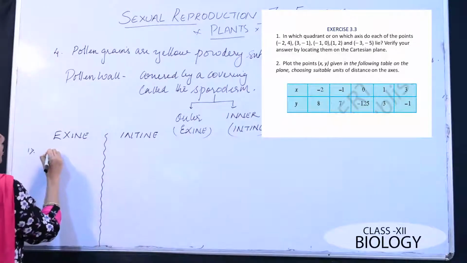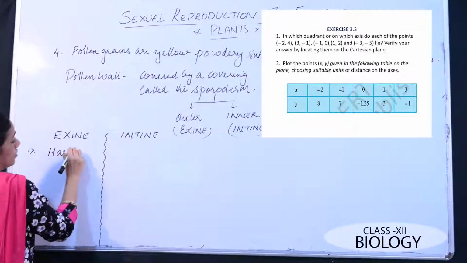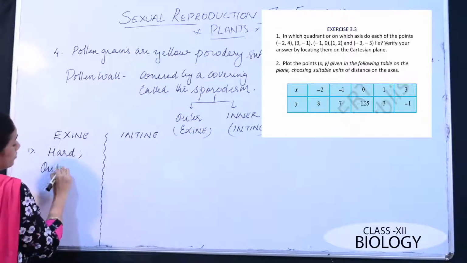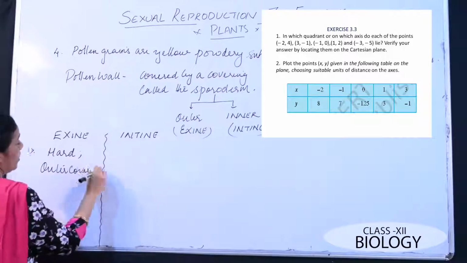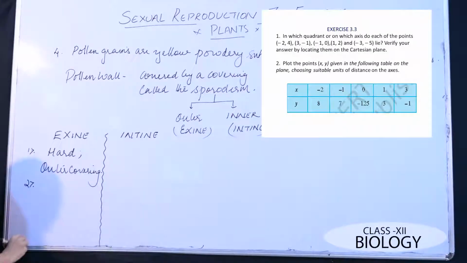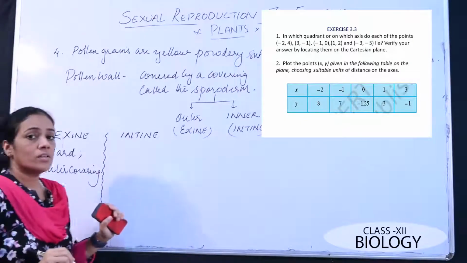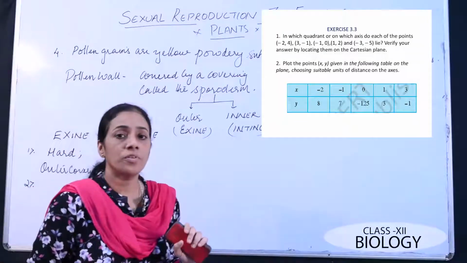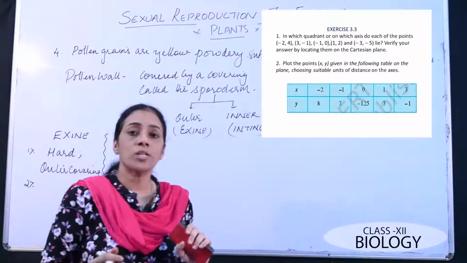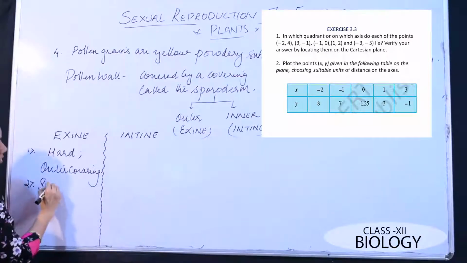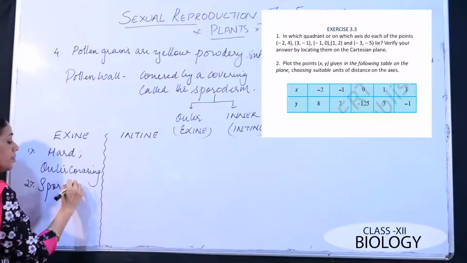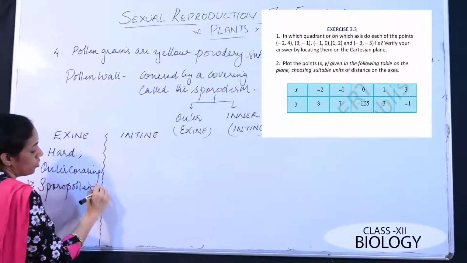So exine is a hard outer covering and this exine is made up of a material which is called sporopollenin. So I'll write over here, it is made up of sporopollenin.